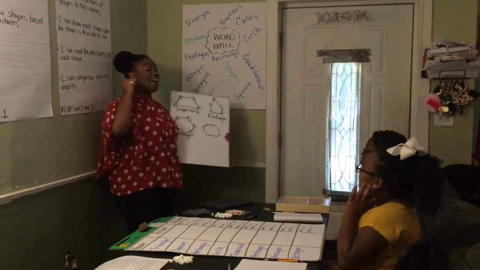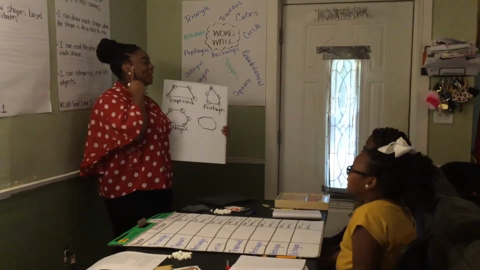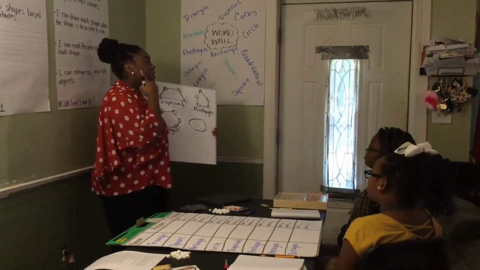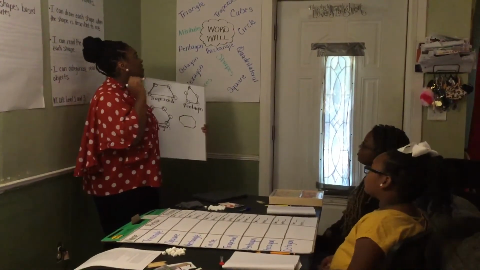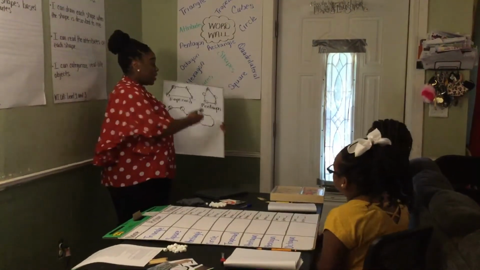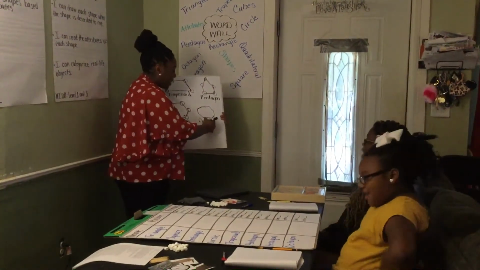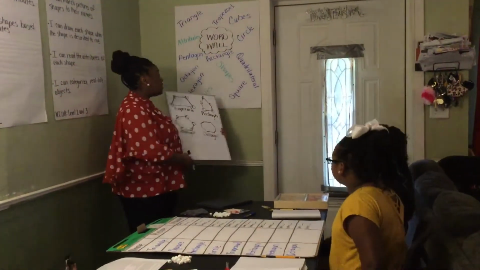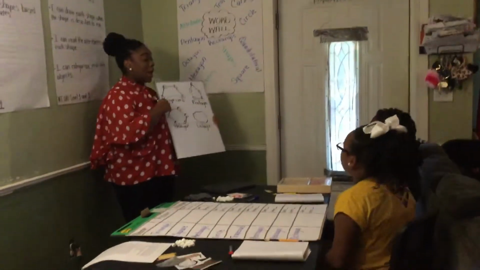An octagon has 8 sides. And can we guess how many vertices? 8. So what we notice is that if there are 3 sides, there are 3 vertices. If there are 8 sides, there are 8 vertices. Great job.